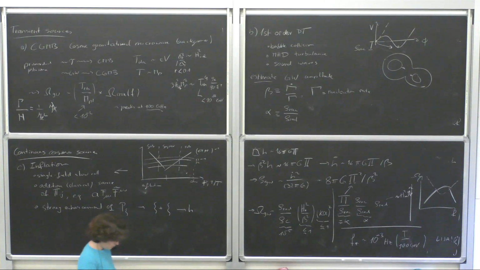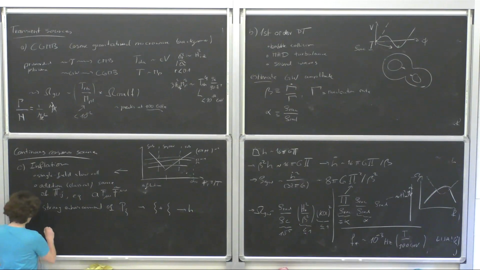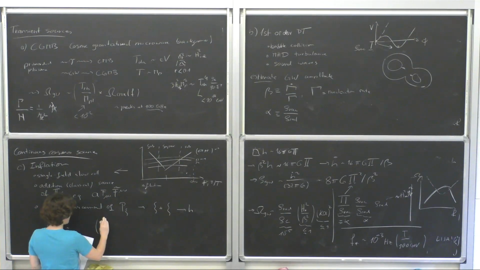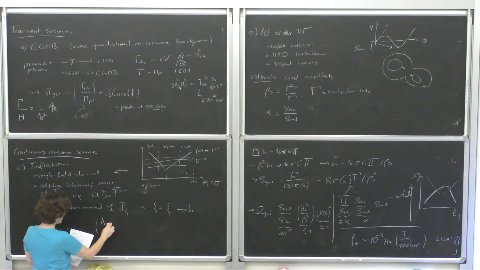And okay, I can give you, is it useful? I don't know, maybe it is. I can give you here what you get for the gravitational wave spectrum. So say you have an amplitude, okay, so this is the power spectrum, this is the amplitude.